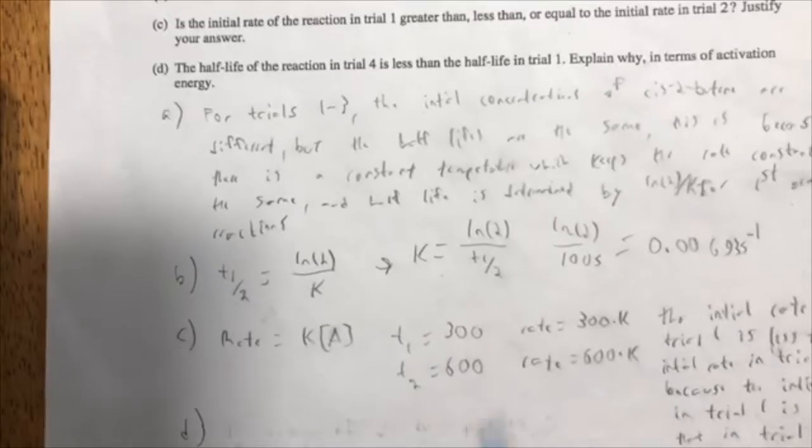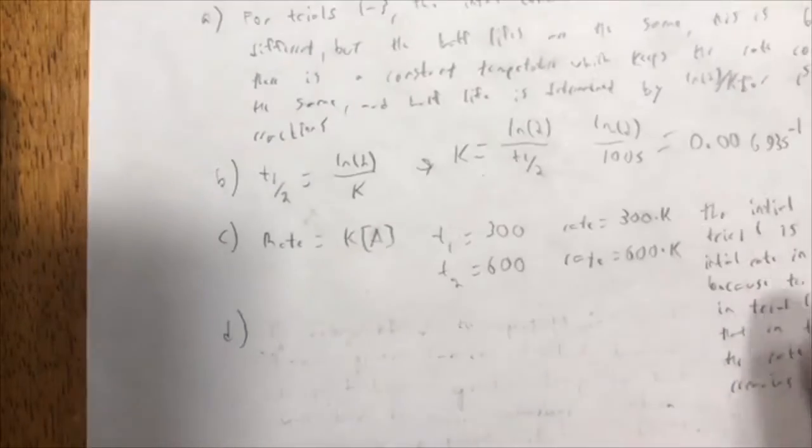So, because the second trial had a greater initial concentration, it's going to have a greater initial rate.